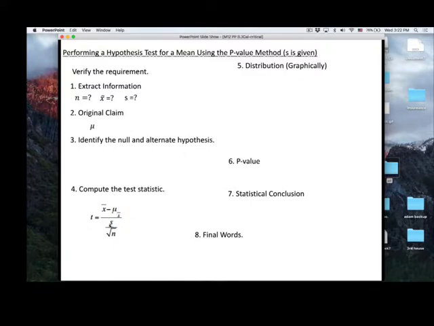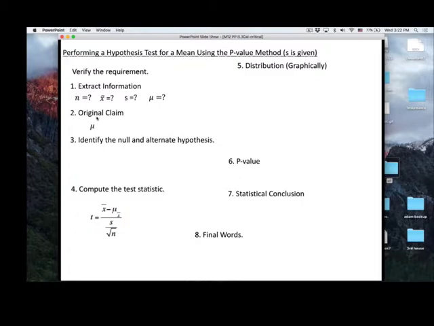We need the sample standard deviation, and also we need the population mean. You're going to see two different notations, but remember that this is talking about the central limit theorem, where we have the same population mean. You could use this notation or you could use this notation.